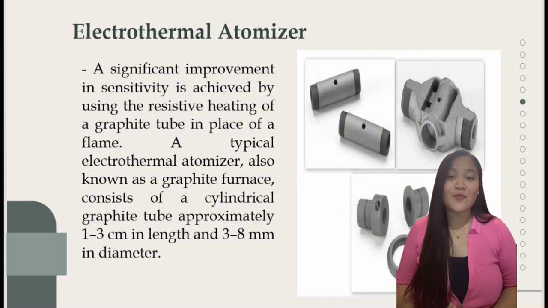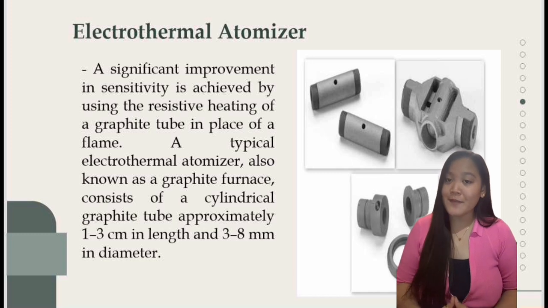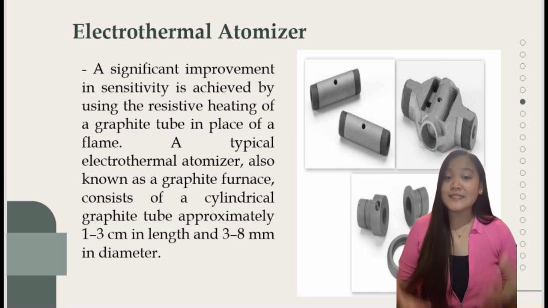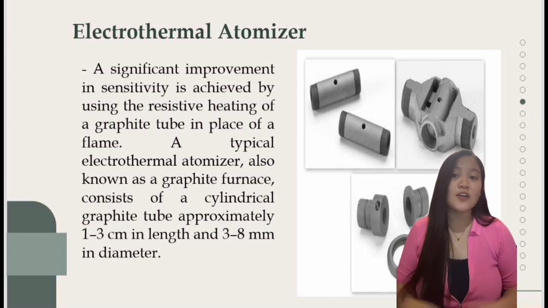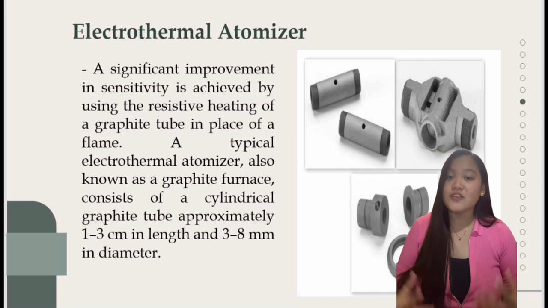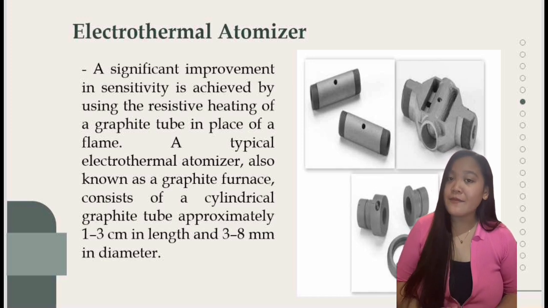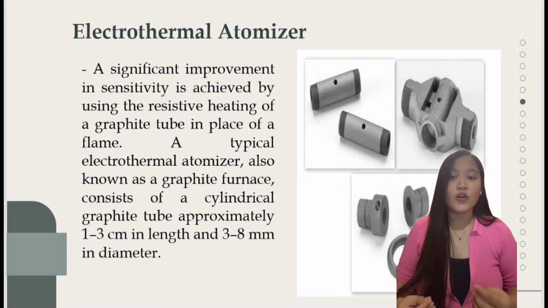So in electrothermal atomization, a small amount of the sample solution is deposited in a graphite furnace. The furnace applies a program of increasing temperatures to achieve the required steps of drying, ashing, or decomposition of some of the matrix, and atomization.